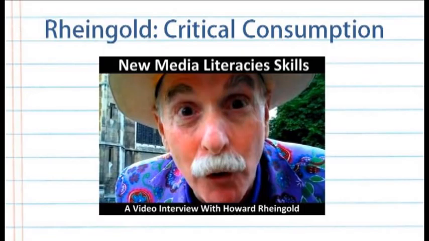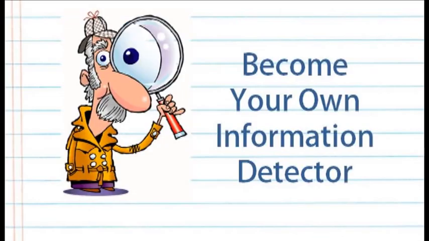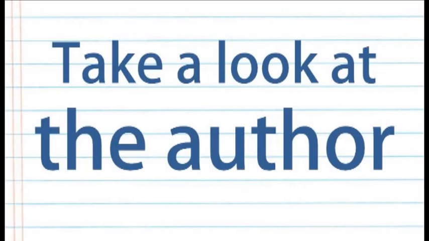Educator Howard Rheingold said that the 21st century calls for new literacy skills, one of which is critical consumption, or being able to tell good sources from not so good sources. One way to do this is to look at the author's ethos or reputation.